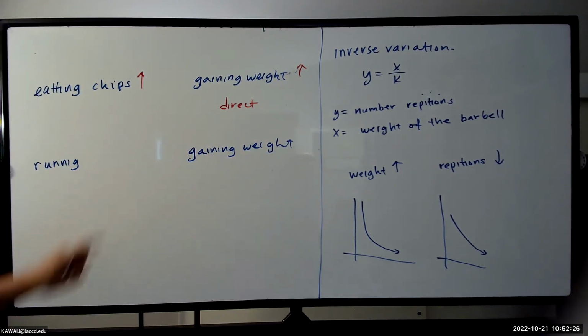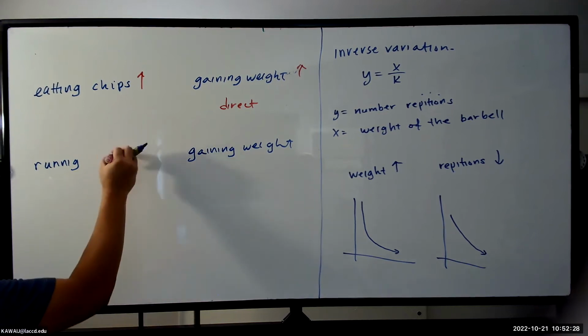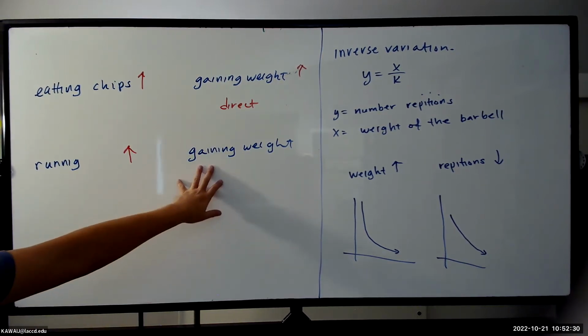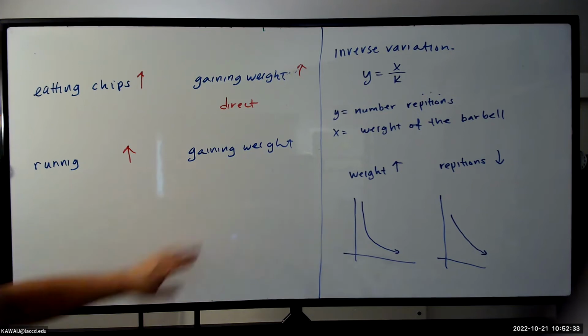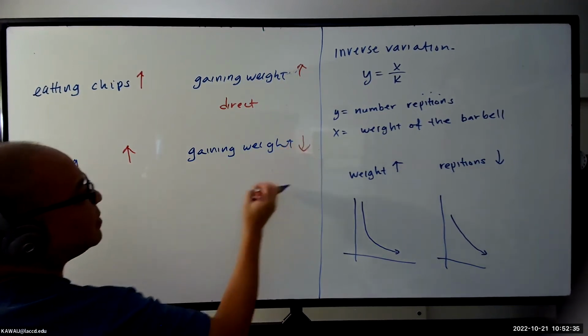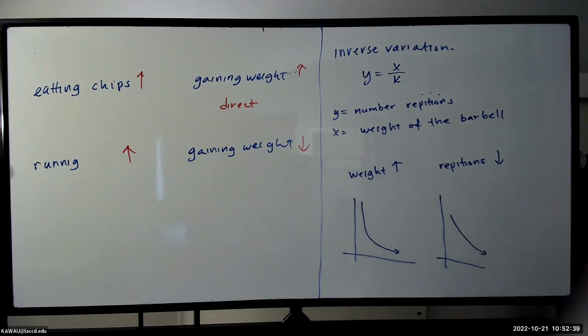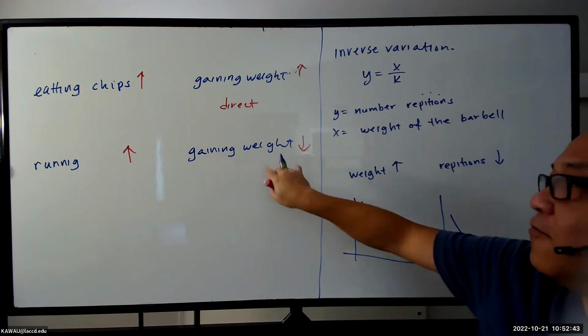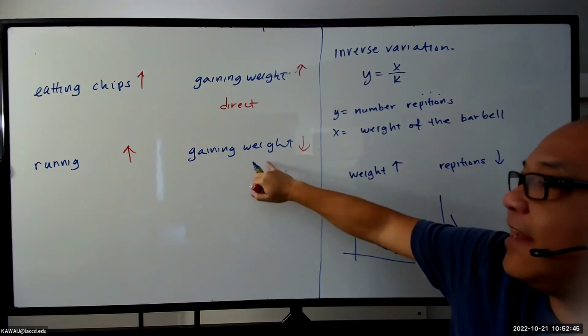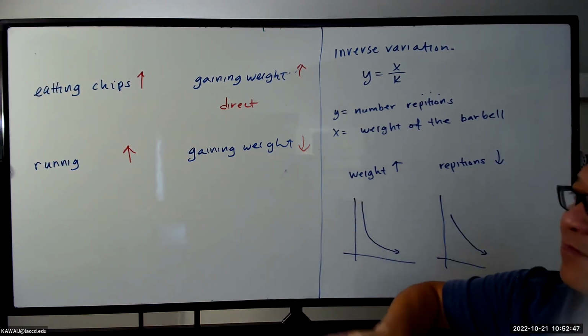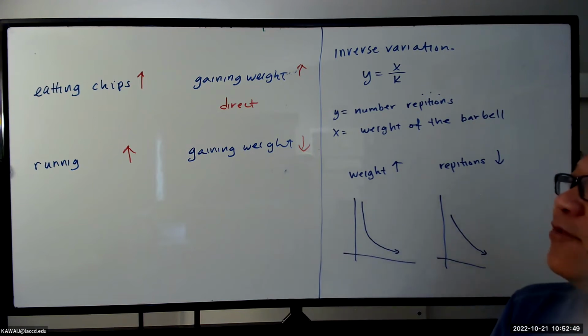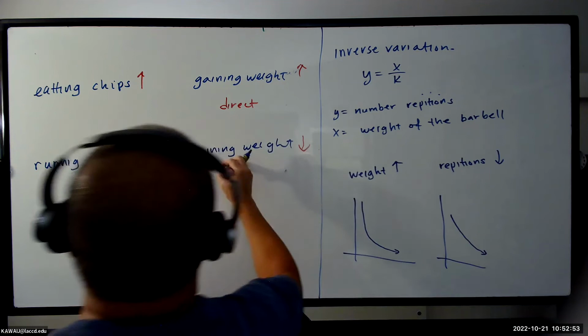So the more I do this, does this go up or does this go down? Down, it's inverse. You're losing weight though. What's the opposite? You're not gaining weight. This is not happening when you're running. Okay, got it. So that's inverse.